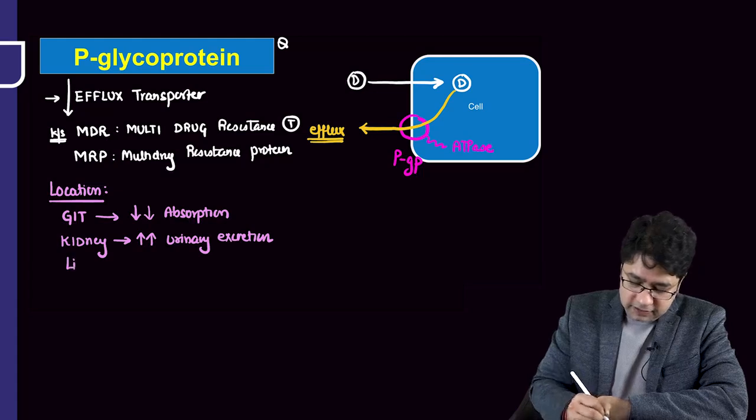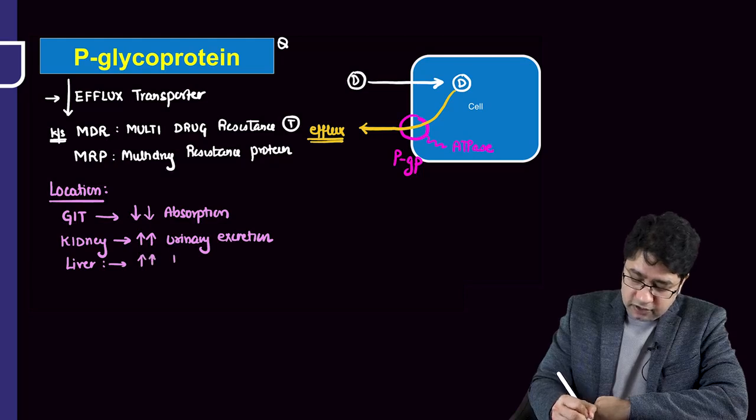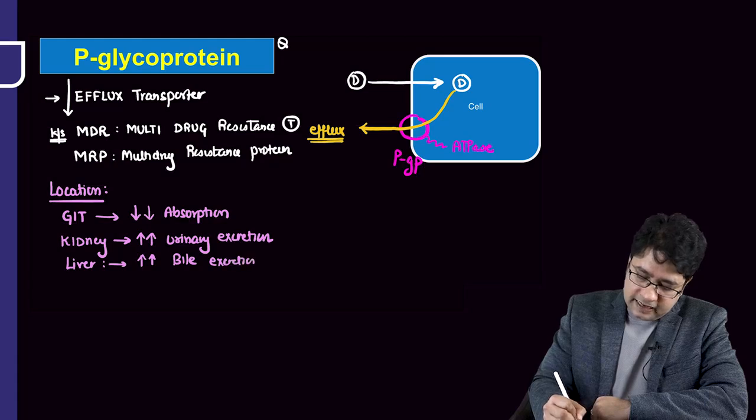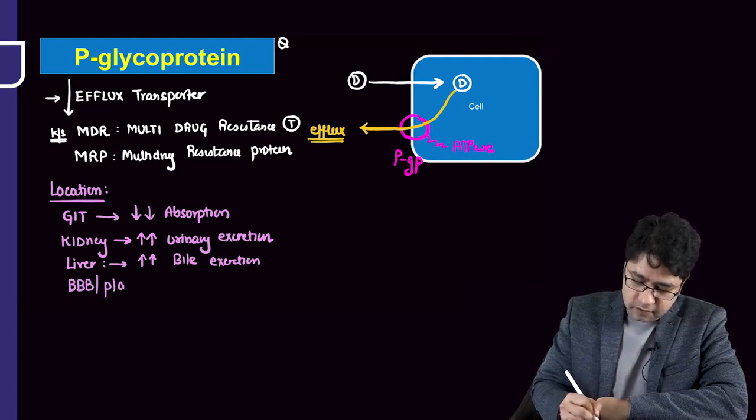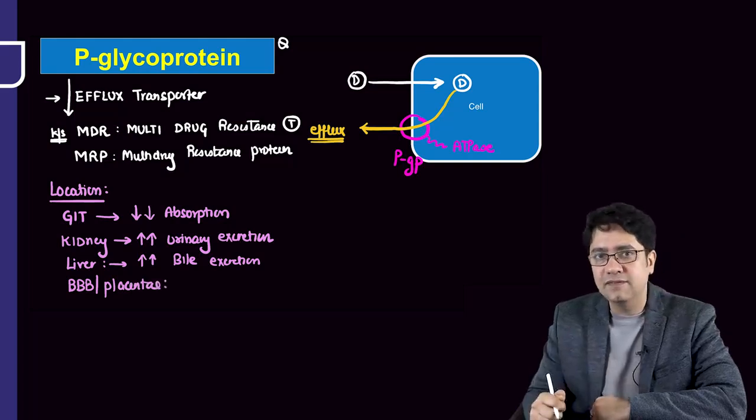Similarly, it is present in the liver where it increases bile excretion of a drug. And it is also present in the blood-brain barrier and placenta. What do you think, will the drug be able to enter into these organs?